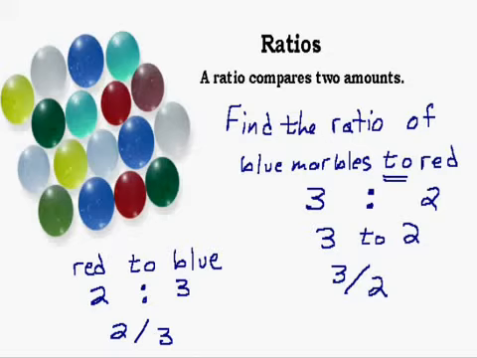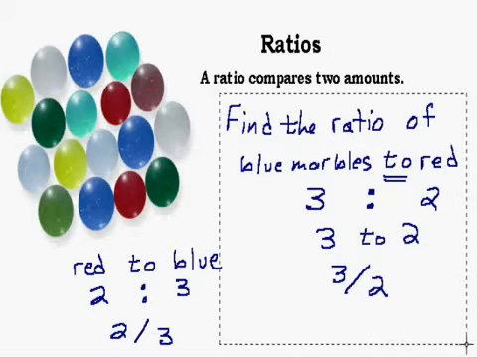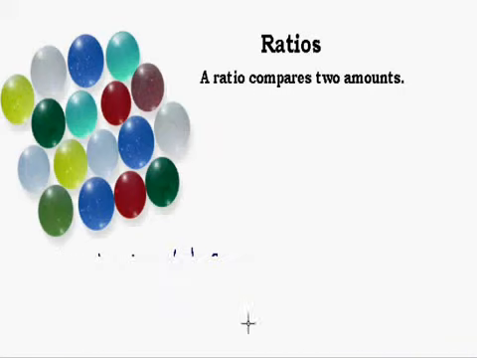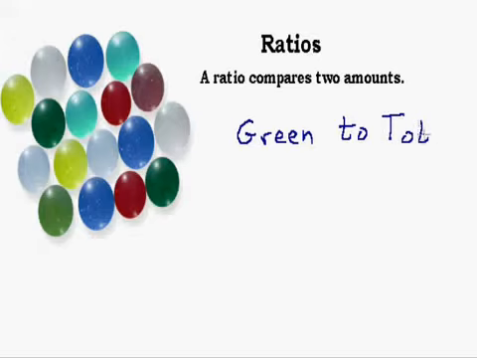Okay, let's look at another example. Let's find the ratio of green marbles to the total number of marbles. Green marbles to the total number of marbles. So I'll say dark green, just to be specific, because there's some kind of funny looking ones in there.